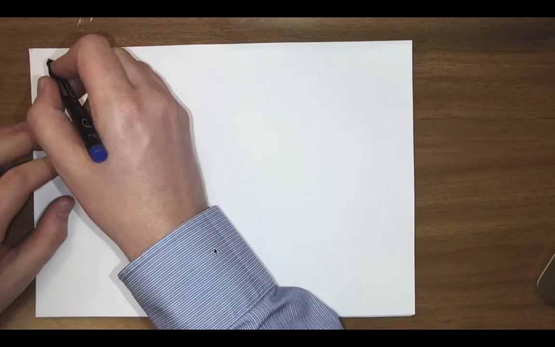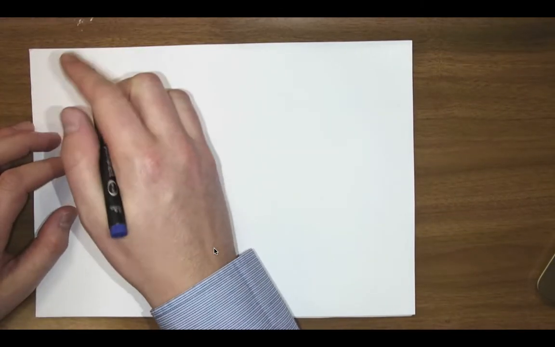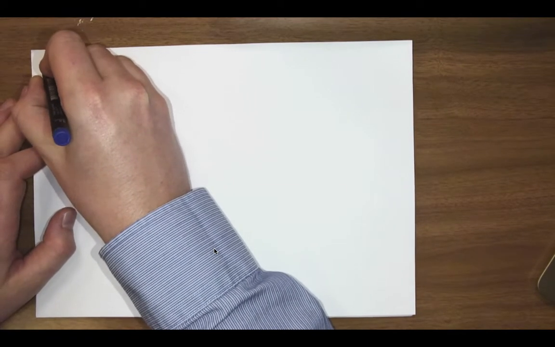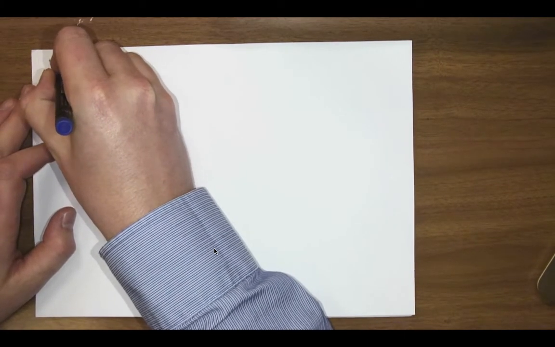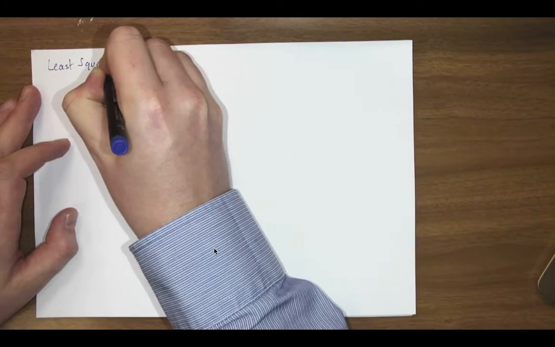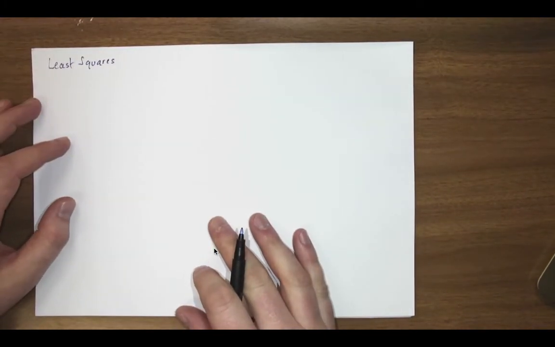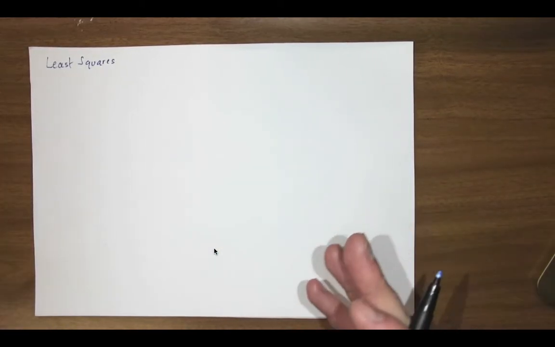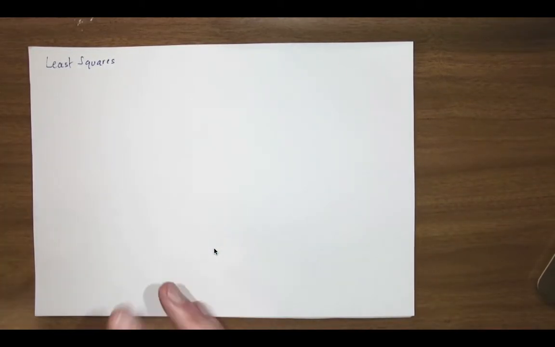Today and tomorrow we'll cover some aspects of linear regression and least squares. The two names are equivalent. Least squares is the ancient name, its proper name, and linear regression is more coming from a statistics background.